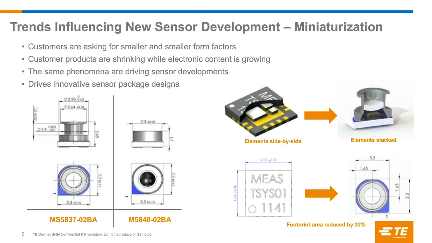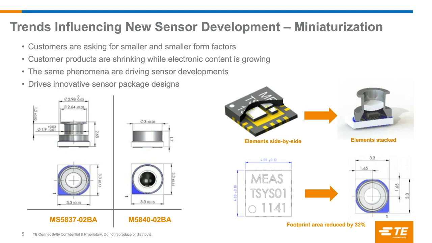Here's an example of one of the things that we do. Historically, when we package our sensors, there are many elements in the sensor. There's, in this case, a microcontroller, a sensing element, and a couple of passive components. We mount them all side by side on a small substrate of ceramic and then put a cover over it.